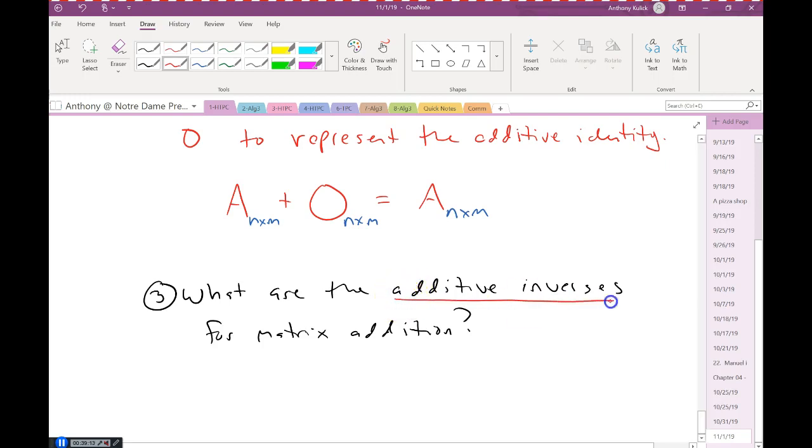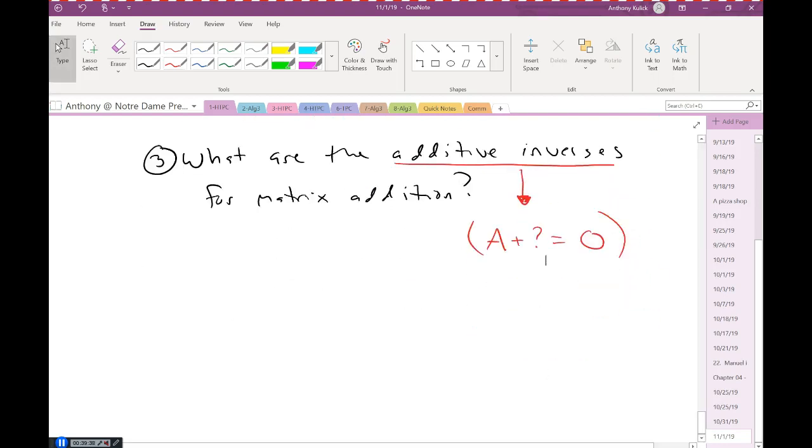When we say additive inverse, what we really mean is, what can I add to matrix A to get back the zero matrix, or the additive identity? So just like before, right away, what can we say about the shape of A and question mark? They have to have the same dimension, or else we couldn't add them together, and this problem wouldn't even make any sense.